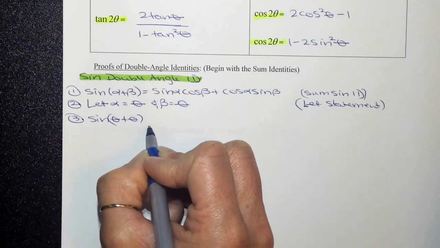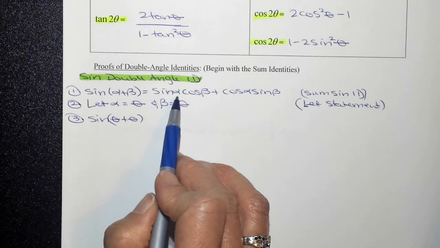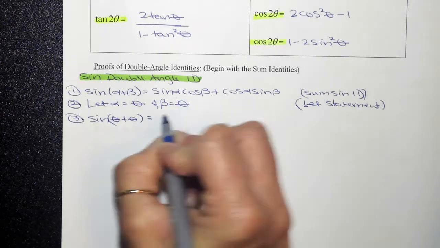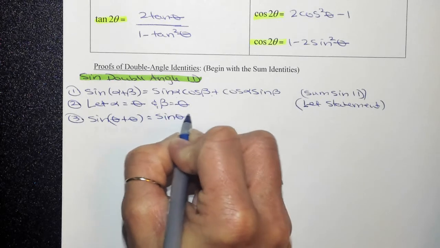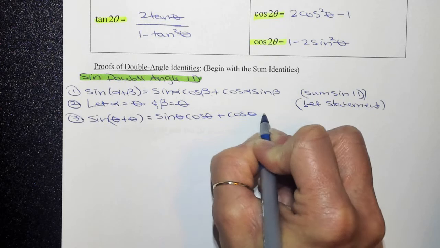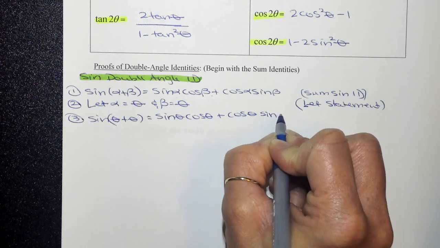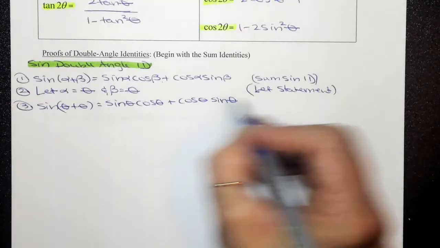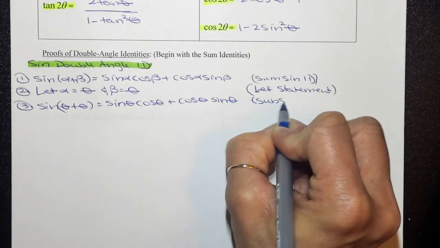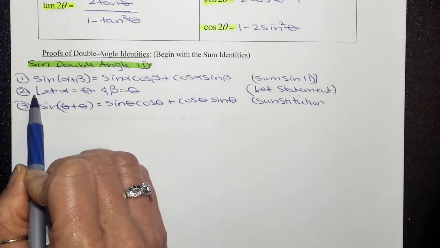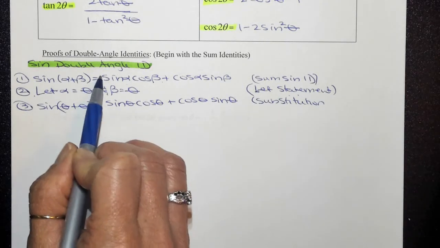So wherever I see an alpha and a beta, I'm going to put in a theta. Sine theta, cosine theta, plus cosine theta, sine theta. Okay, and this was a substitution of step number 2 into number 1.